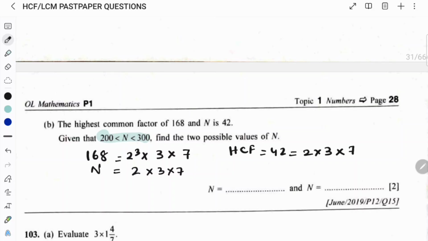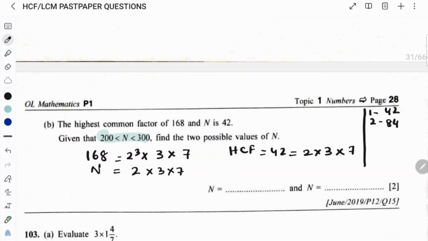Because it is 2 into 3 into 7, we can write some number in between. For this we'll have to look at the 42 times table. As the HCF is 42, like in some of the other previous questions also we tried this. So we are looking at the 42 times table. 42 times 1 is 42. 42 times 2 is 84.